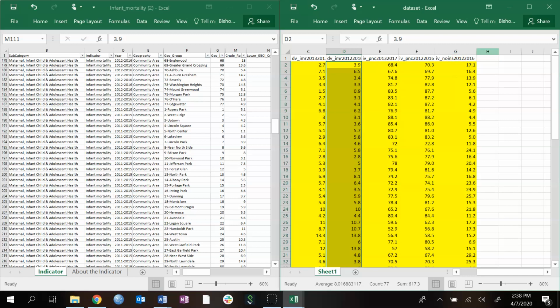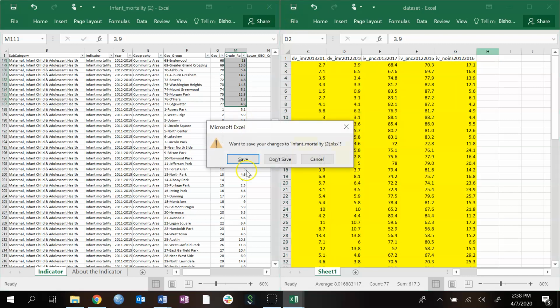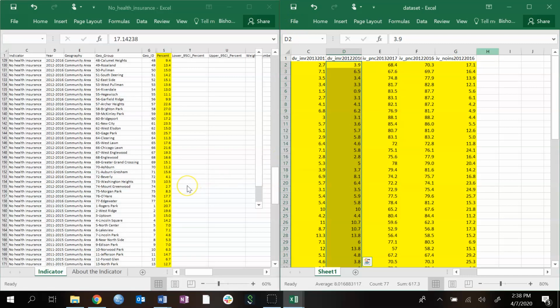Now, it's possible that I go back out to the Chicago Health Atlas and come up with other variables and not include prenatal care and health insurance. That's totally fine. But you just want to make sure that you have your 5 independent variables and your 1 dependent variable from the same years as much as possible.